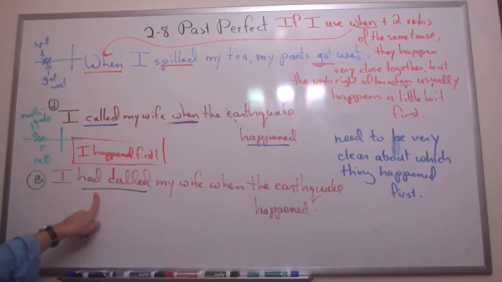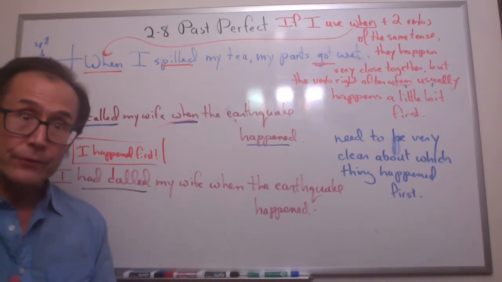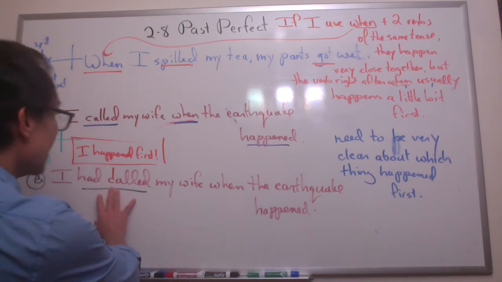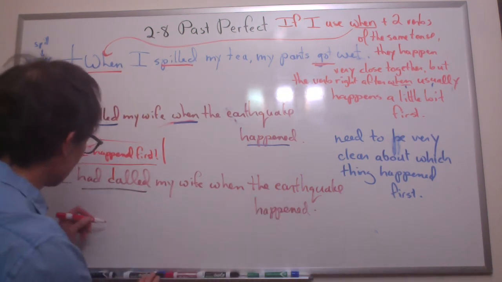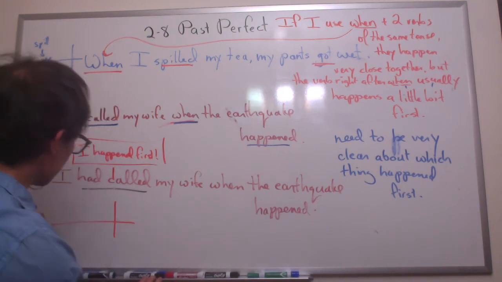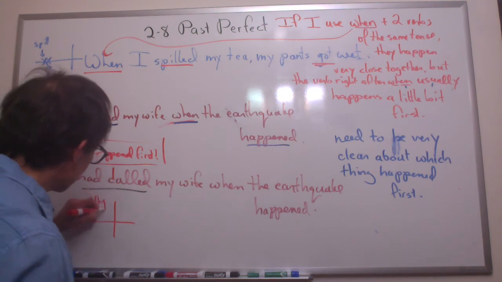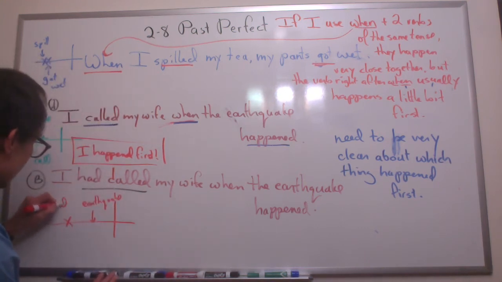You're right, it's had called, because past perfect means I happened first, okay? So I called my wife, it was finished, and then the earthquake happened. So if I draw a picture, here is the earthquake, and here is call my wife.